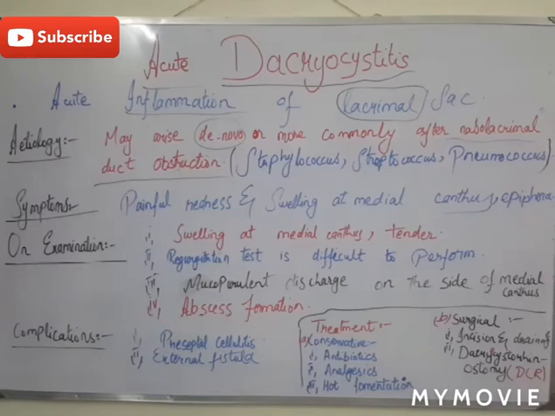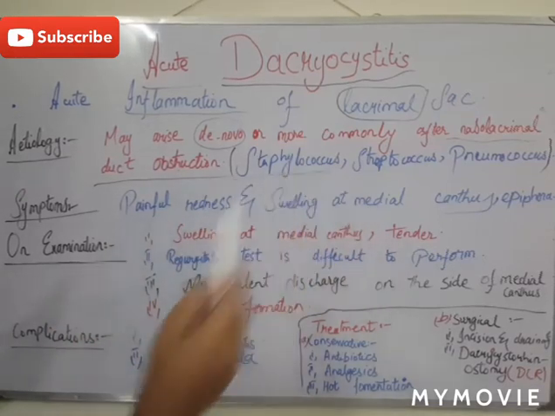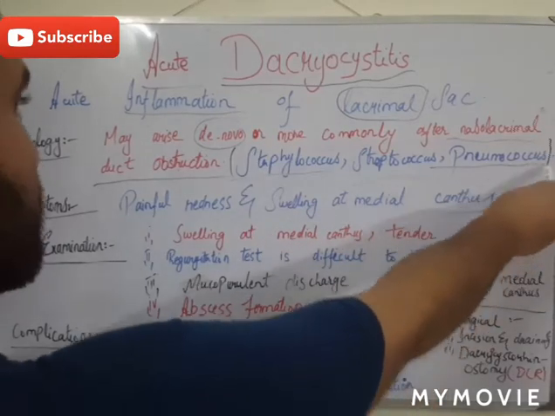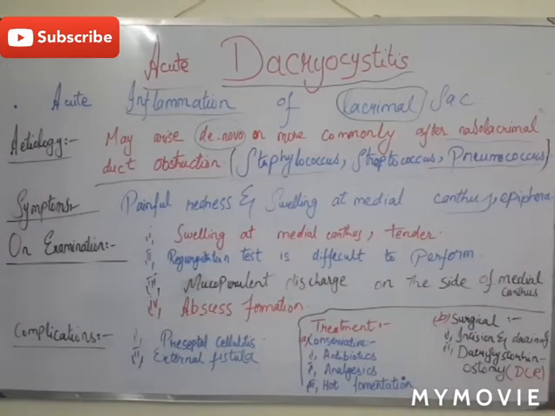The most important causative agents, that is Staphylococcus aureus, Streptococcus and Pneumococcus, are responsible for causing pyogenic dacryocystitis.